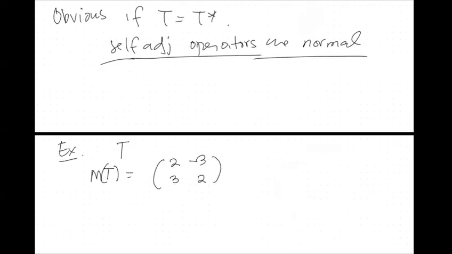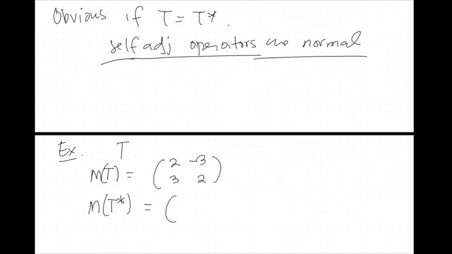Then this operator is not self-adjoint, because the entry in row 2, column 1, which is -3, does not equal the complex conjugate of the entry in row 1, column 2, which is 3.